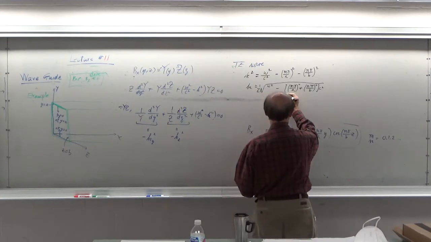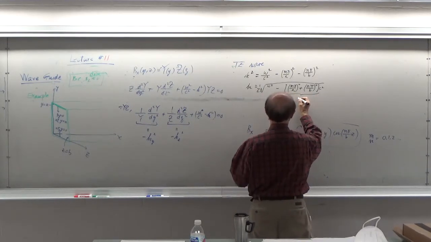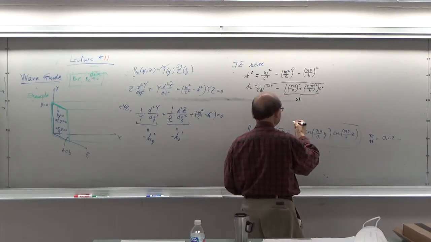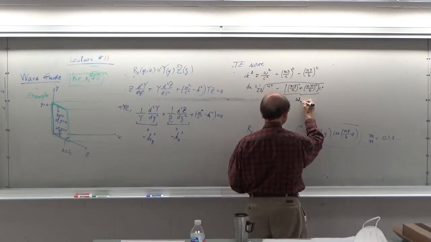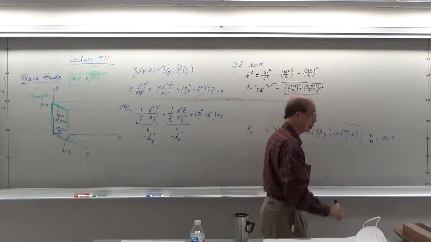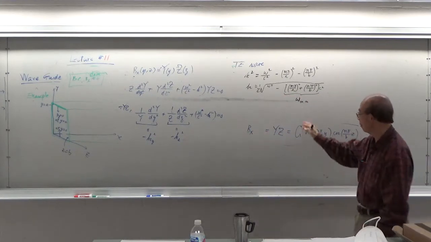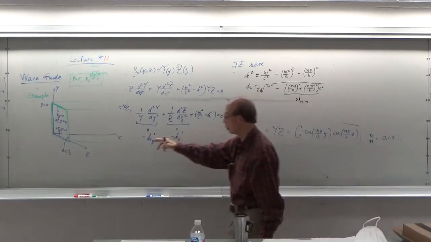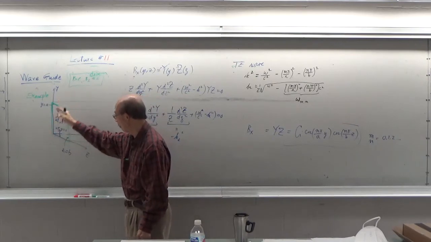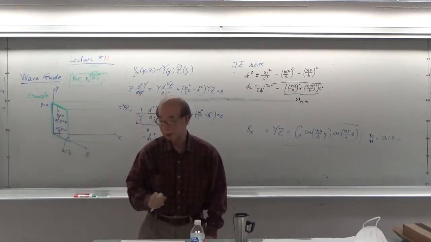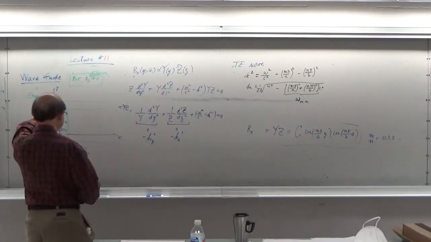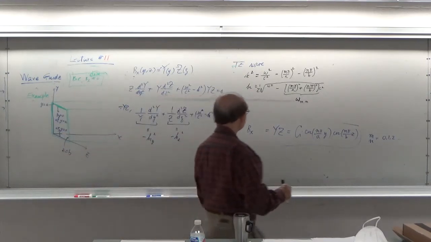Let me call this combination omega with subscripts labeled by the two integers m, n. M has to do with the larger dimension, which is a in this example, and n has to do with the smaller dimension, the width, which is b, which is less than the height a.